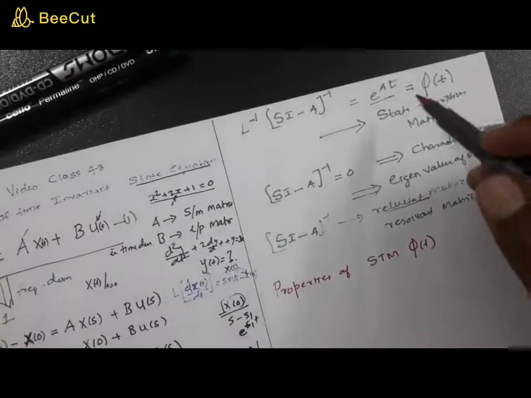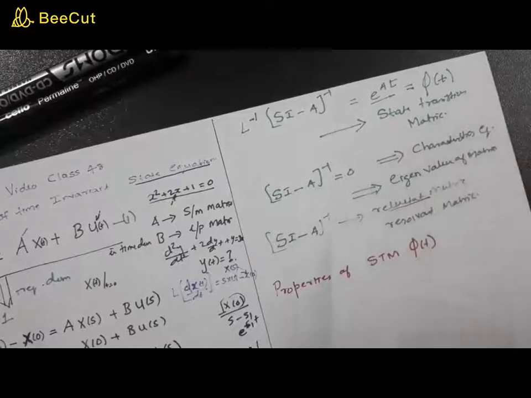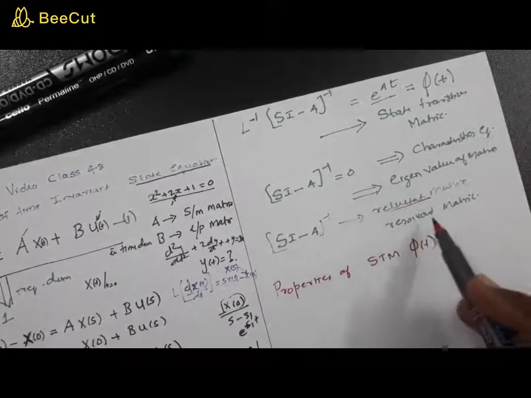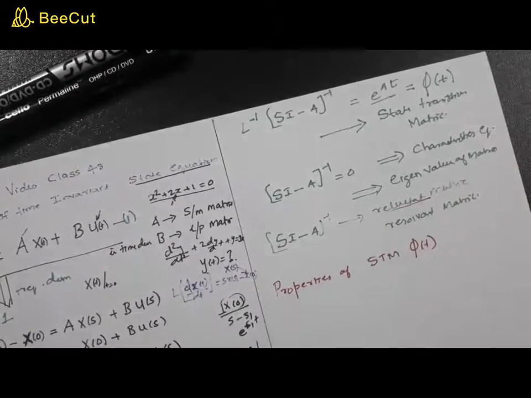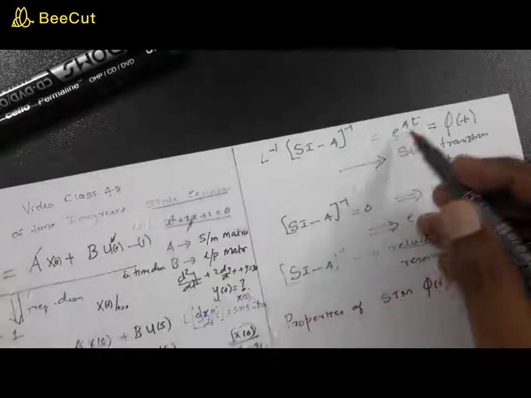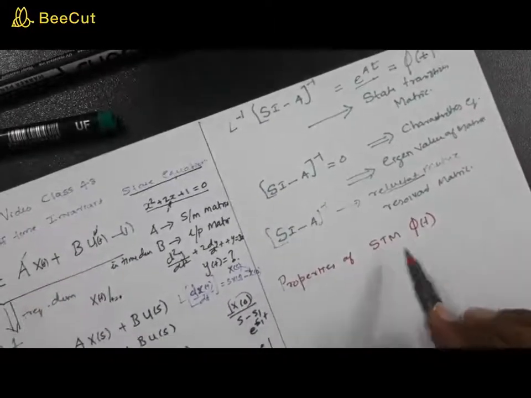In other words, the state transition matrix is the Laplace inverse of the resolvent matrix. Now this is represented as e raised to at. Hope you understood how you got this as e raised to at.